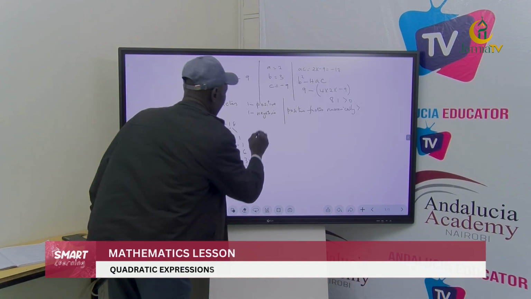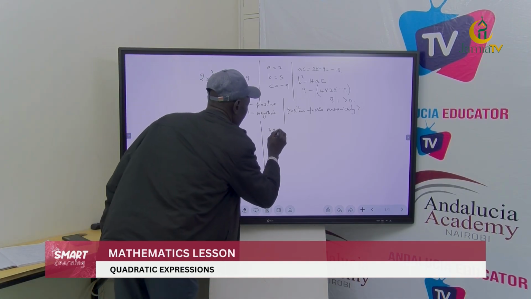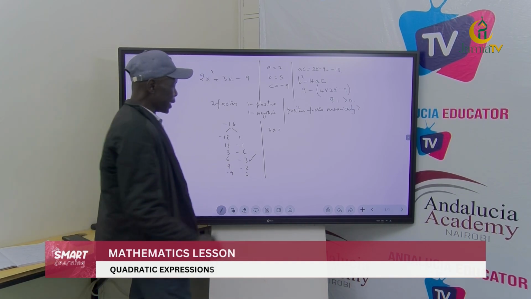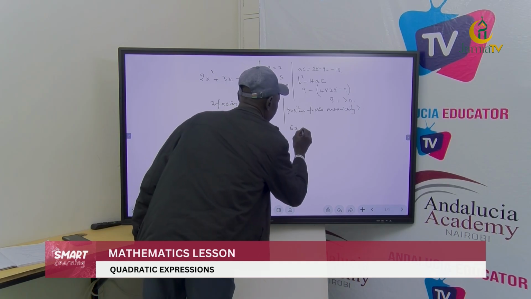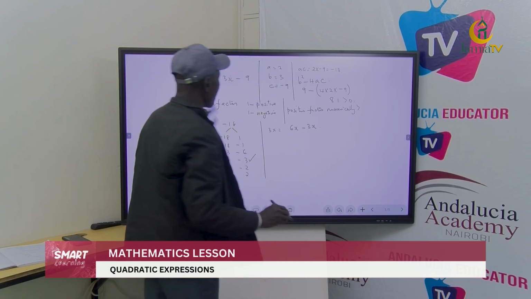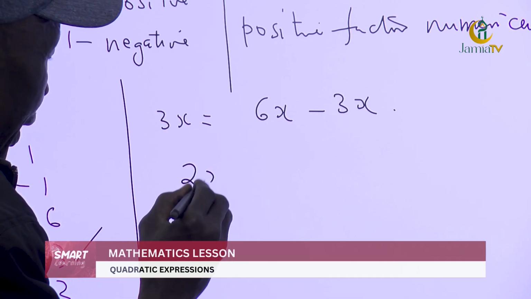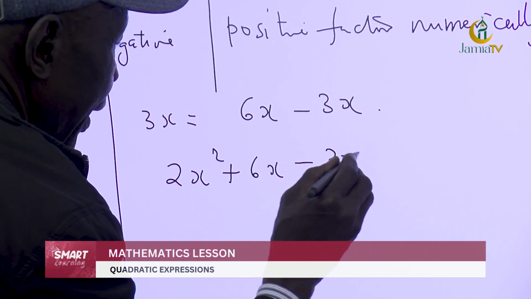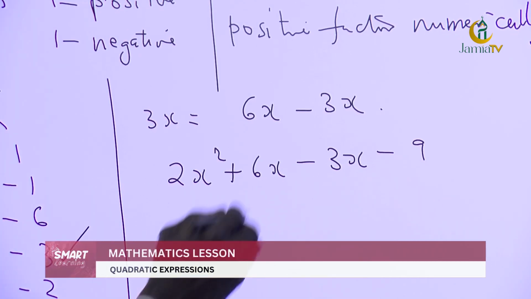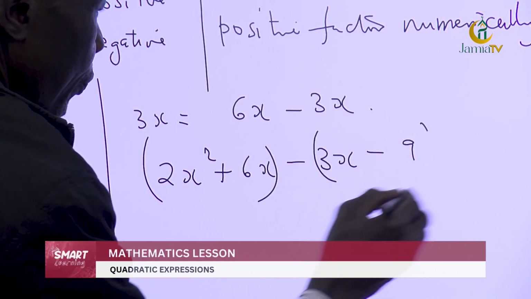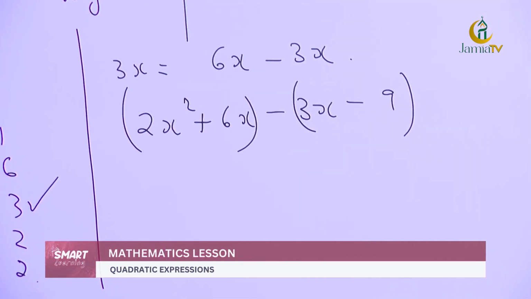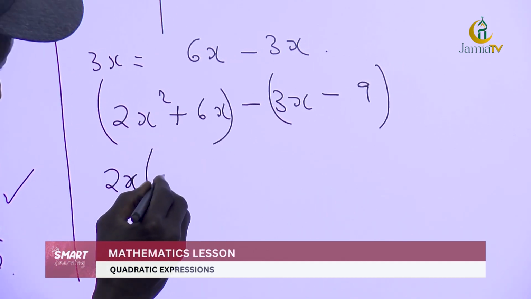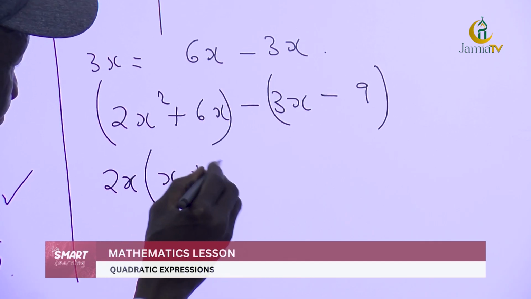So we are going to write our 3x in terms of positive 6 and negative 3, which will be 6x minus 3x. So our equation becomes 2x squared plus 6x minus 3x minus 9. Now I can group them. My 2x will be a common factor here, so I will be left with x plus 3.